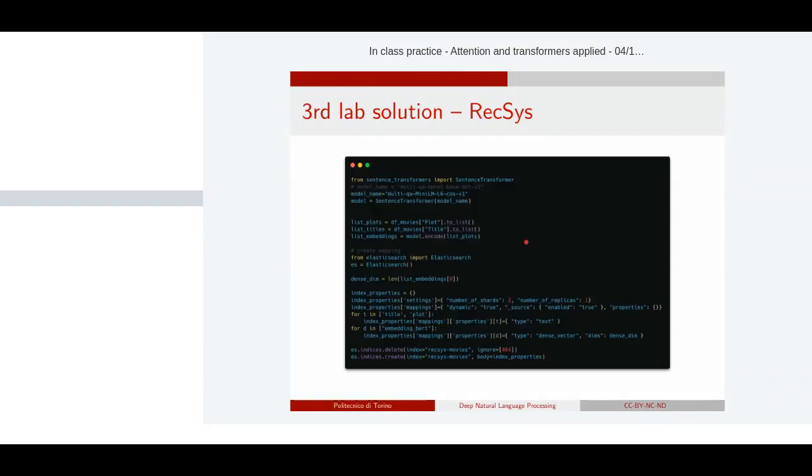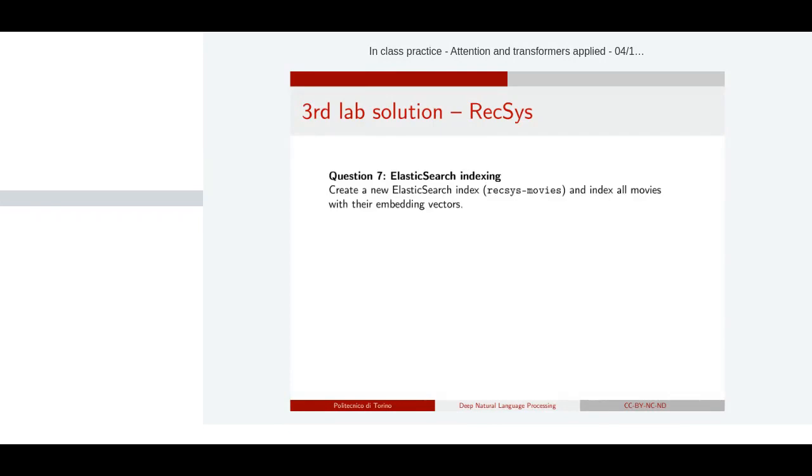Okay. So the idea here is always the same. I instantiate the document. I have a list of plots, titles, and a list of embeddings. Here the list of embeddings is given by encoding all the plots, and I can then index them on Elasticsearch, create my index, Praxis movies, and index those documents.